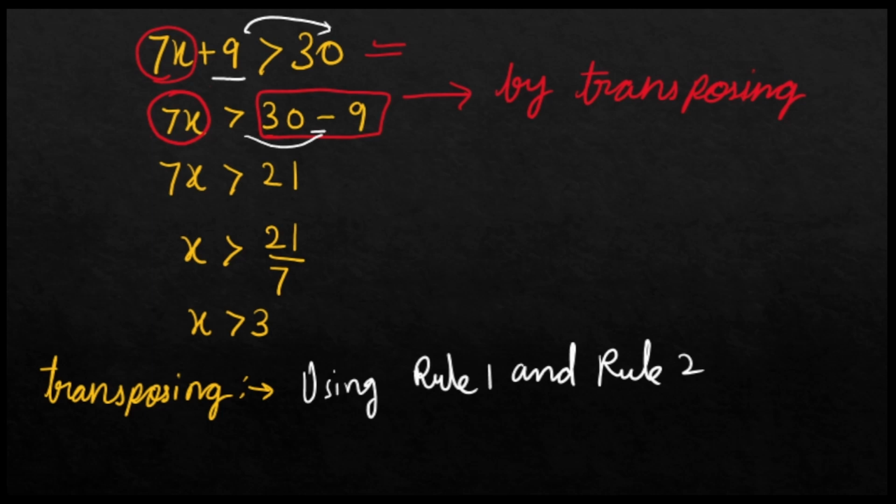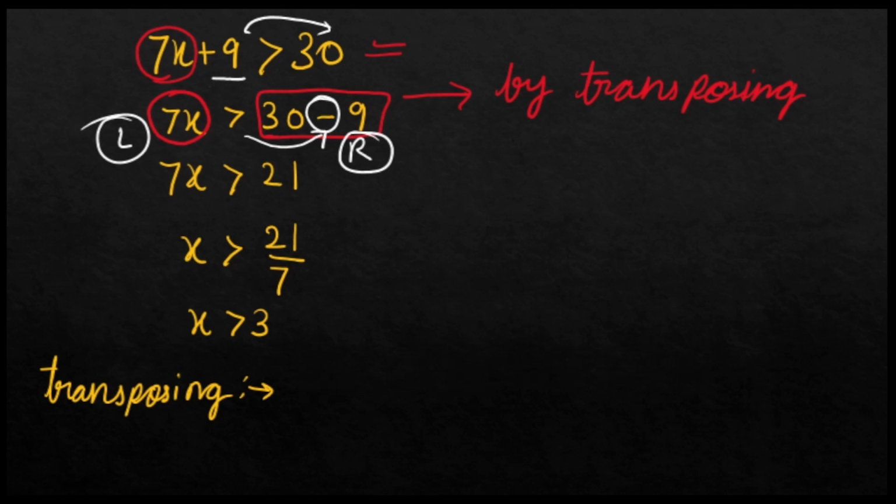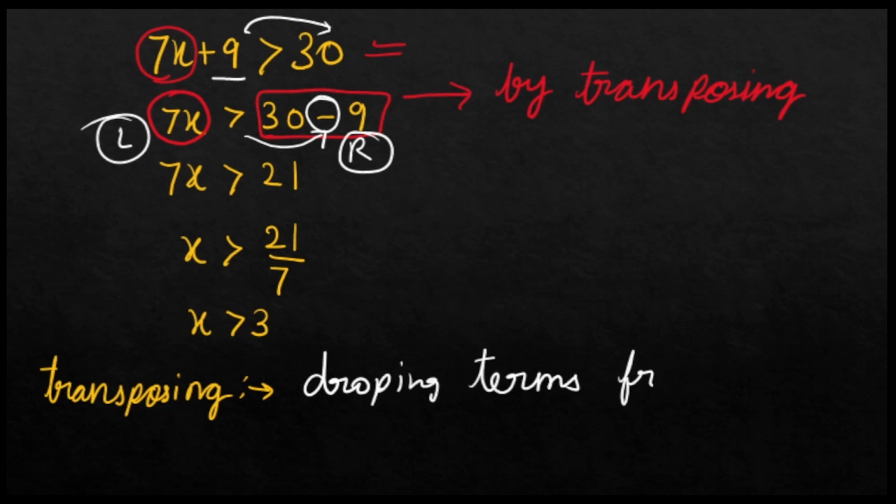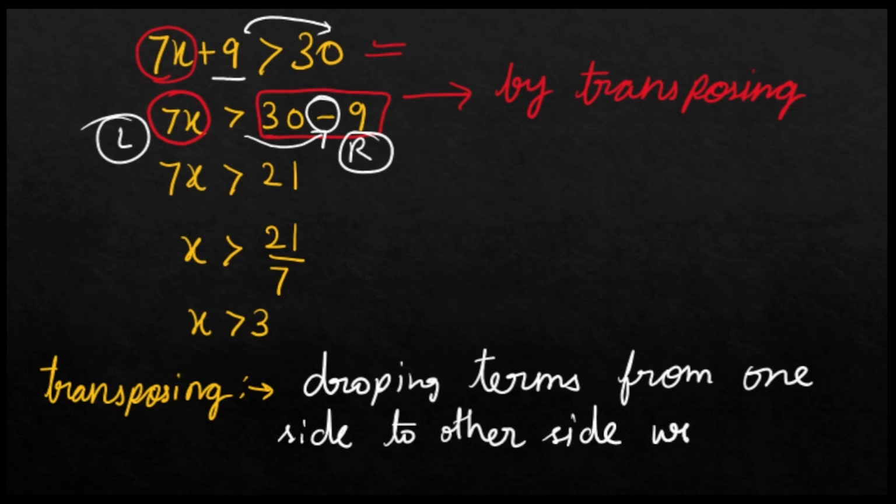See here, I dropped my 9 to the right side by changing its sign, the opposite sign. Transposing terms, that is dropping terms from one side to the other side with the opposite sign, is known as transposing.